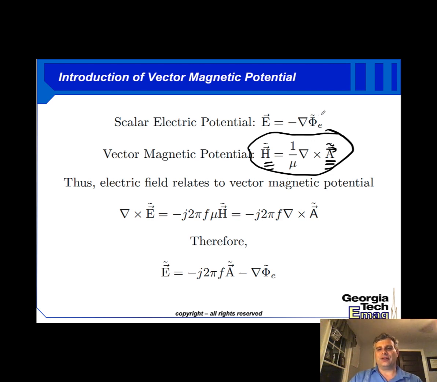And I always liken that to the analogy of the scalar electric potential that you learned in 3025 or undergraduate electromagnetics. In this case, we have a scalar electric potential, and we should make that a phasor, put a squiggle on top, and E field is minus the gradient of the scalar electric potential. So this is a scalar function of 3D space. You take the gradient, you put a minus sign in front of it, and that gives you the E field.